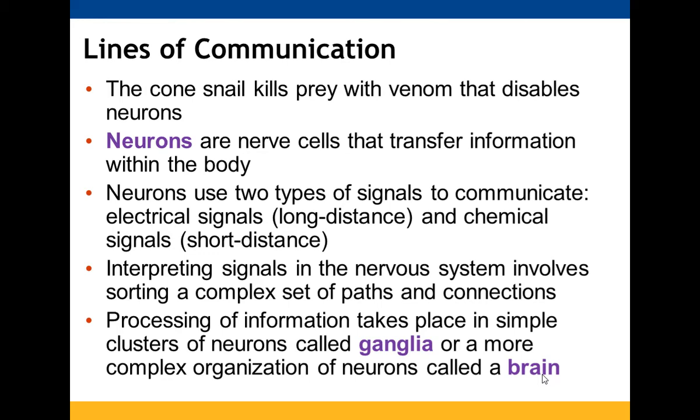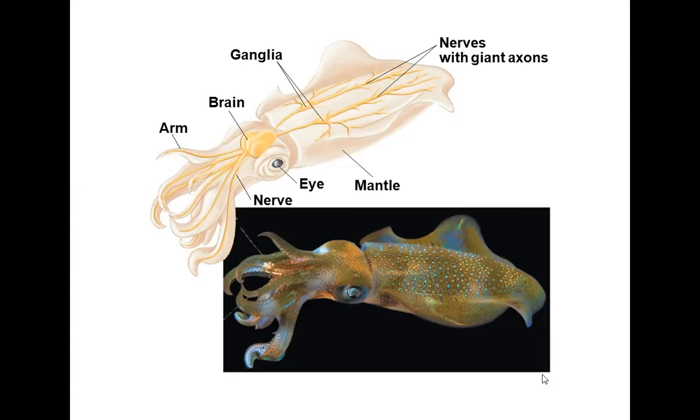The nervous system has to interpret those signals, and it is able to do that using some complex paths and connections. This processing will take place either in simple clusters of neurons, which are ganglia, or more complex organization of neurons, a brain.